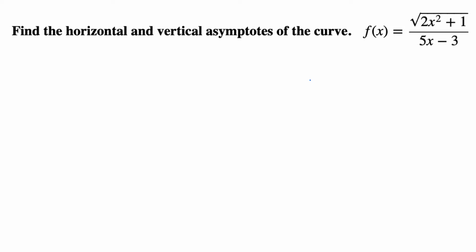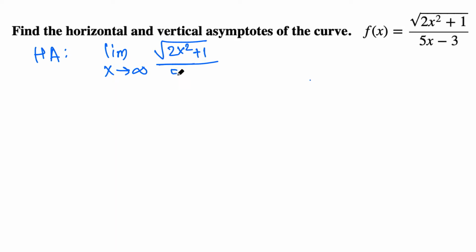In short, I'm going to write HA. So, the limit as x approaches infinity of this function, the square root of 2x squared plus 1 over 5x minus 3. And when x goes to infinity, that means x is positive.